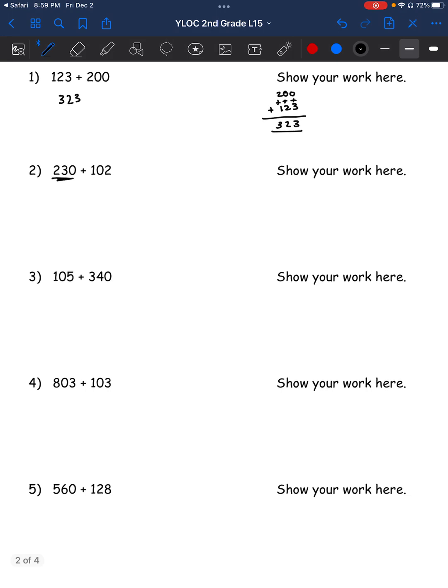Reorder it so that this is on top, the higher number. So 230 plus 102. So 0 plus 2, 2. 3 plus 0, 3. 2 plus 1, 3. So your answer is 332.